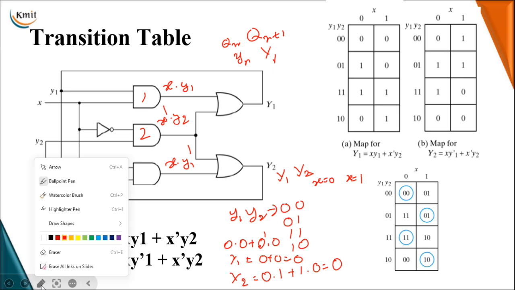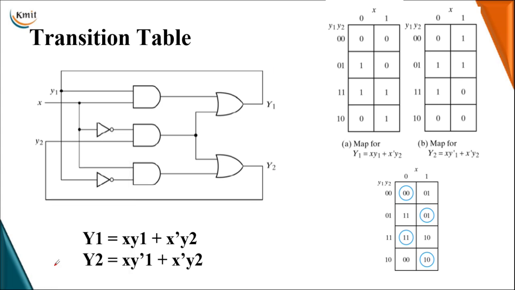Next, in the same manner, you have to find the next states of y1, y2 for an x value of 1. So let me find it for x value of 1 with the present state of y1, y2 equal to 0. If y1, y2 are 0 and x is 1, the next state Y1 is x is 1, y1 is 0, x bar is 0, y2 is 0, so here also we obtain 0.